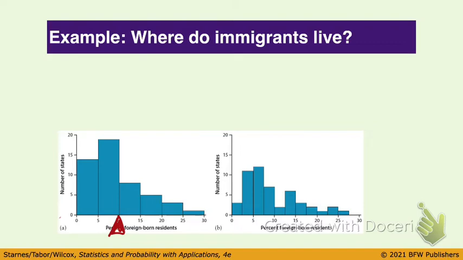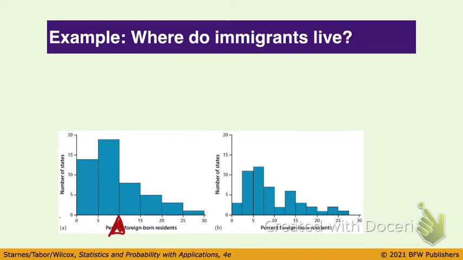That balance point is usually closer to the true center of the data. You could also think about it this way: if there are 50 states, where would the median be? What state would I be at? The 25th. This bar has 14 in it and this one has 19 in it.